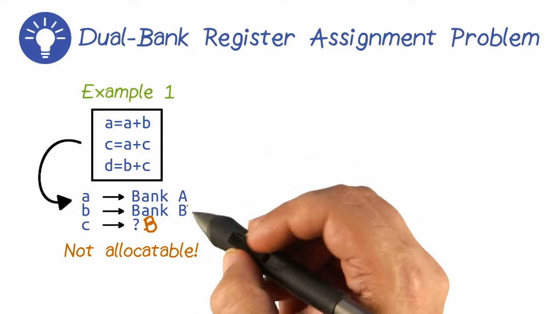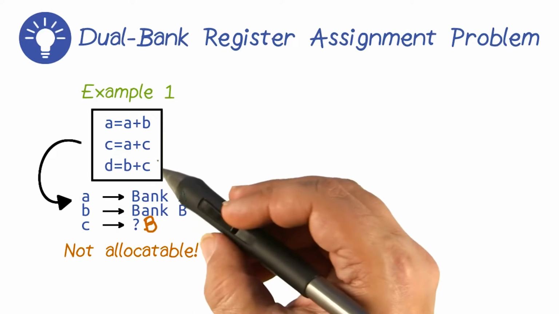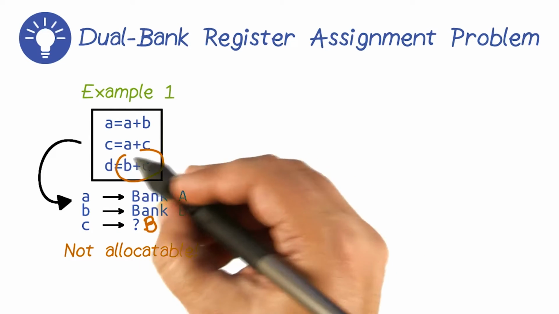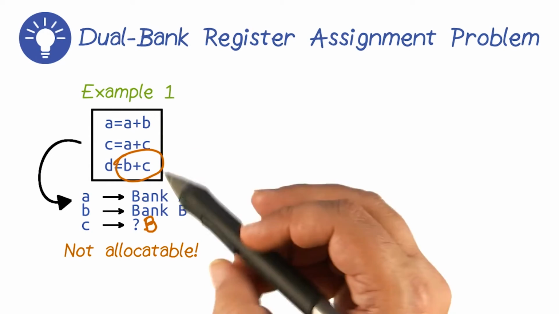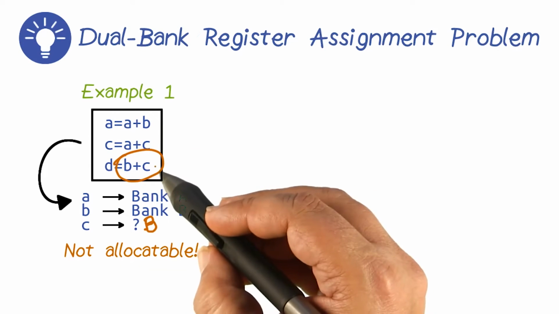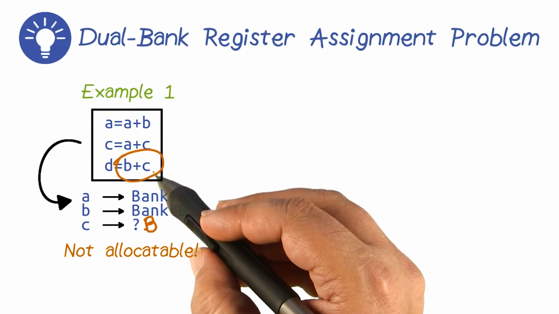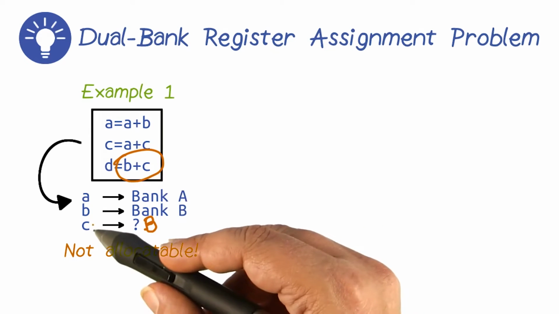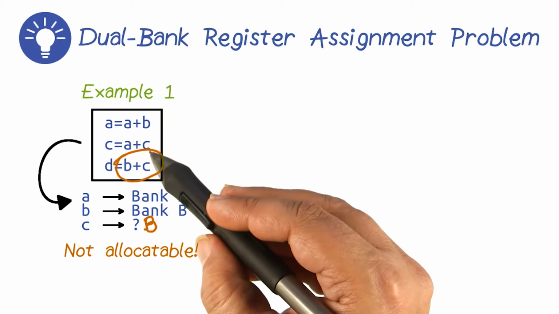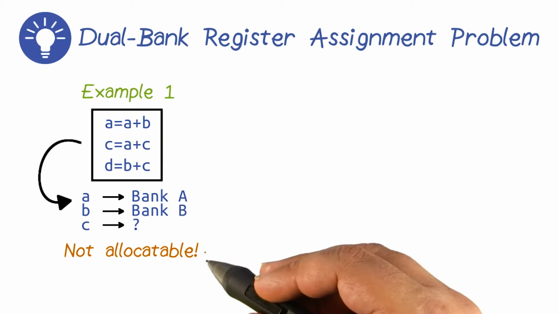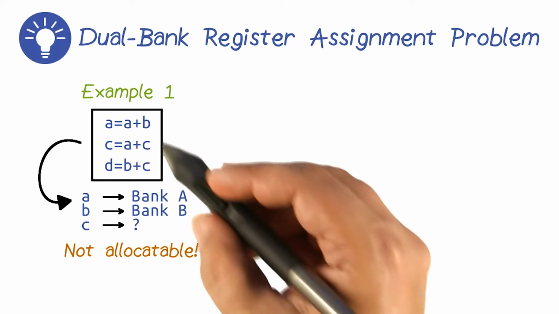We have B plus C. B is already in bank B, and so C cannot be in bank B, and that will make this last instruction illegal. In other words, if we respect the second instruction and allocate C in bank B, that violates the third instruction. And vice versa, if we satisfy the third instruction, we got to allocate C in bank A, and that will violate the second instruction because A is already in bank A. So this means that C is not allocatable in either bank under these particular restrictions.